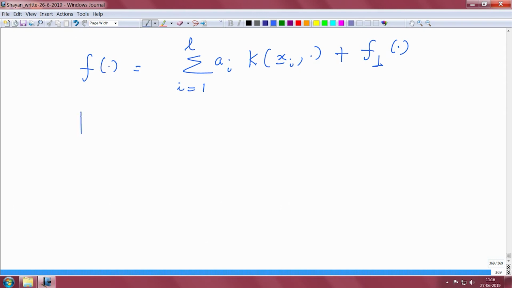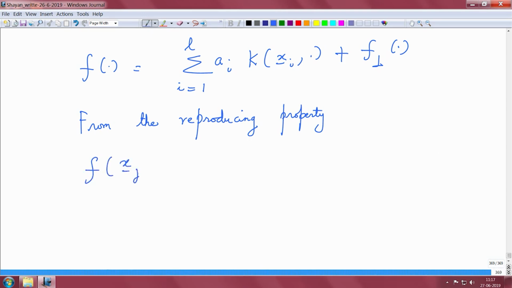Now, from the reproducing property of the Mercer kernels, f of xj can be written as the inner product of, I take the function on some data point and I take the inner product with the kernel acting on xj with this data vector, and that gives me back this function.